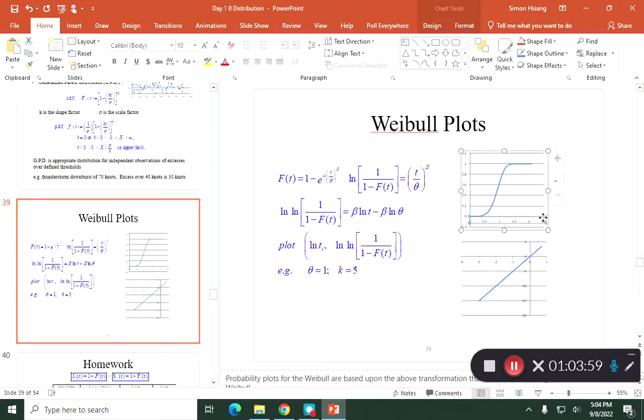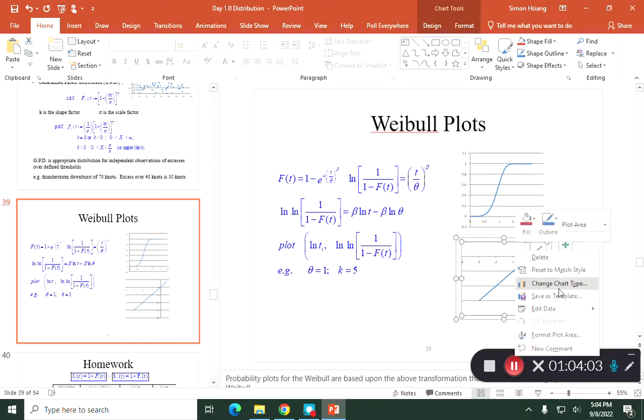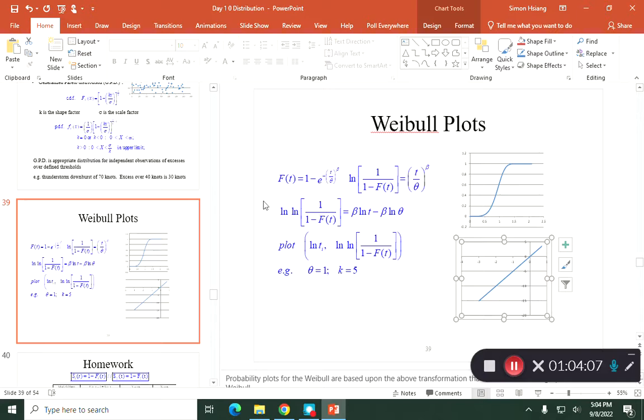The Weibull distribution looks like this. Can I take a log of 1 over the survival part?